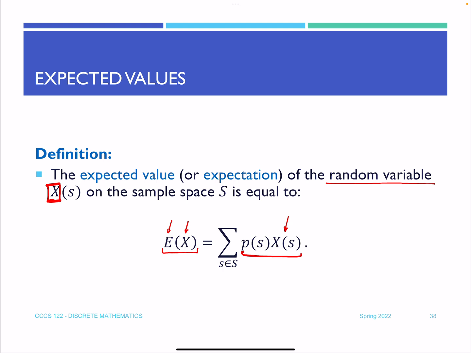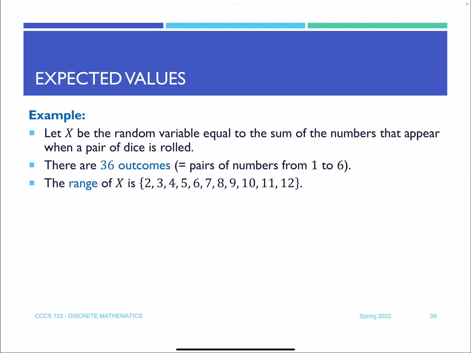A value that the random variable x may take on, multiplied by the probability with which that particular value will occur. And then we add those up for all possible outcomes, all possible values that x may take on.